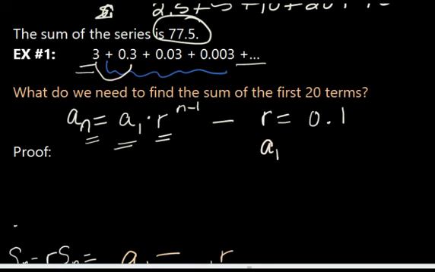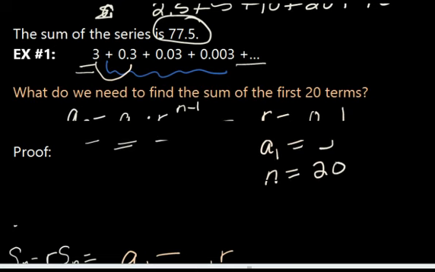We have a sub 1 equal to 3 and n equals 20, because we are asked to find the first 20 terms.